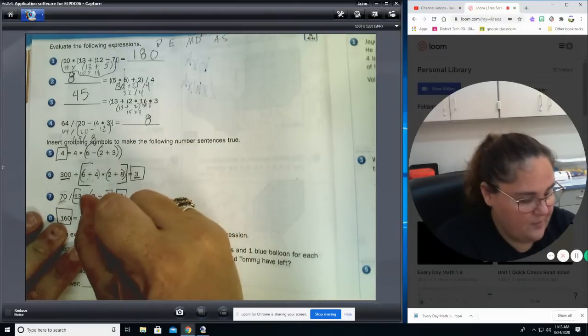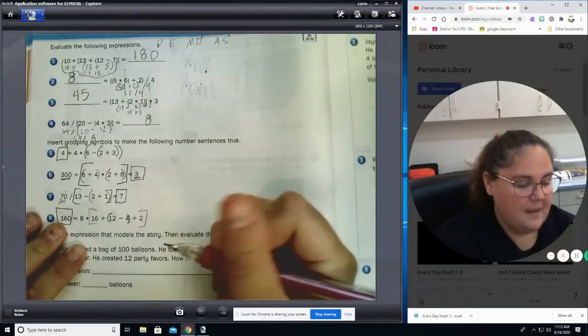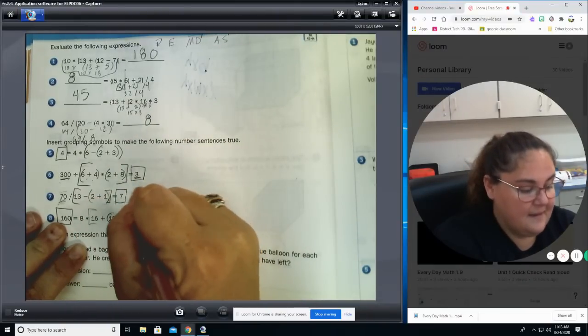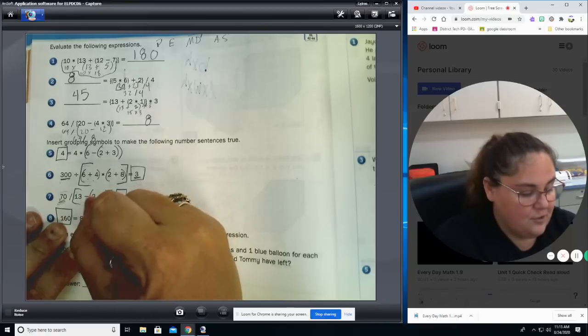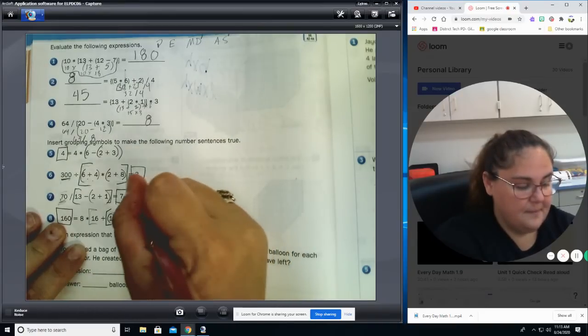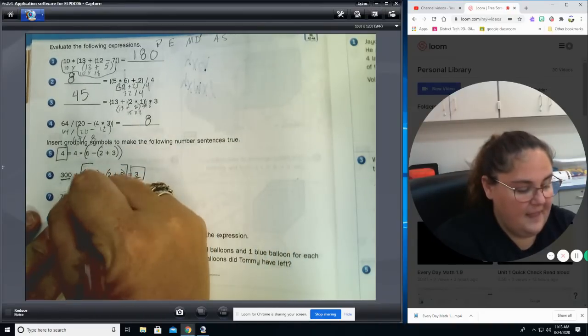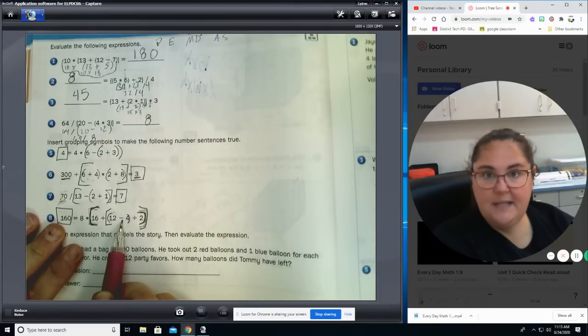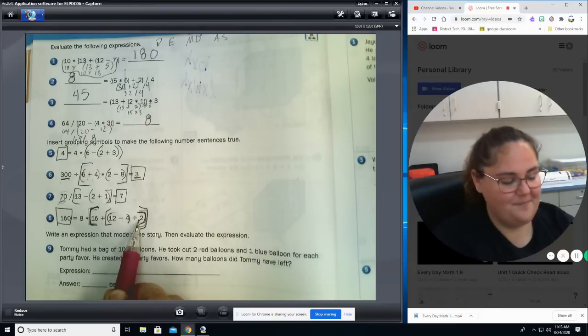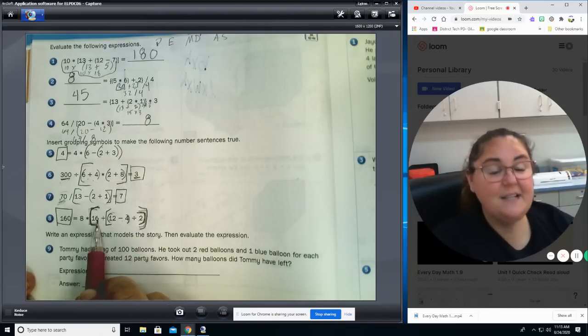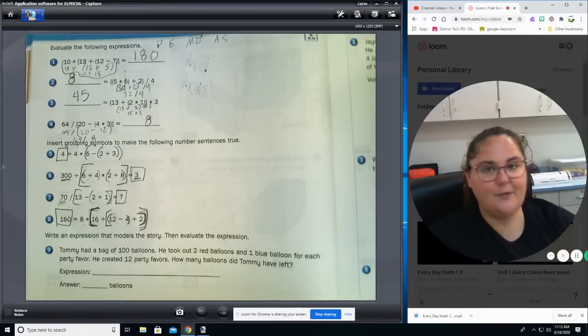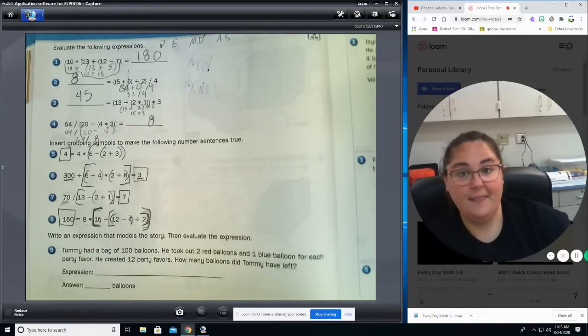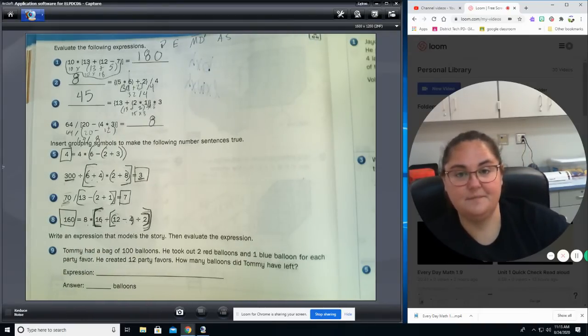Then I'm going to divide by 2. And then I'm going to add 16. So 12 minus 4 is 8. Divided by 2 is 4. Plus 16 is 20. Times 8 is 160. That is the answer for this problem.